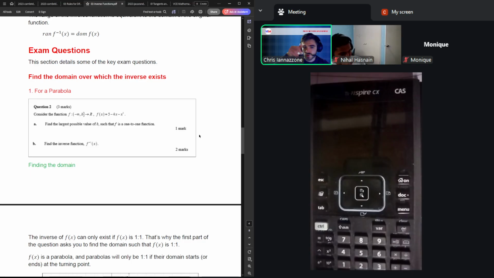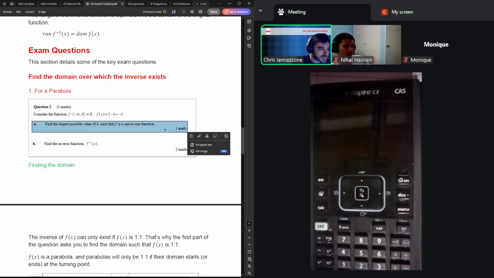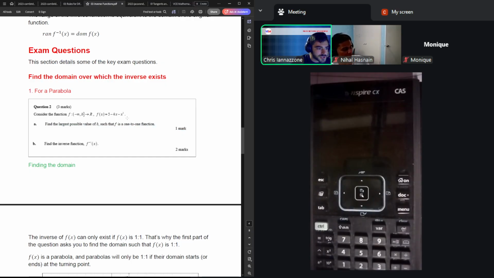So it's where you have those sort of sideways parabolas going on, which is why in this question example, the first thing they're trying to do is get you to make it a one-to-one function. Because if you don't have it as one-to-one, when you do that inverse, as I said, you don't actually get a function as your result.